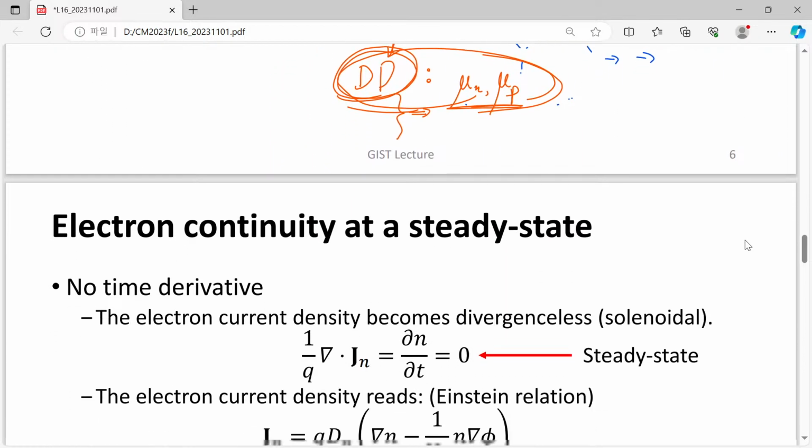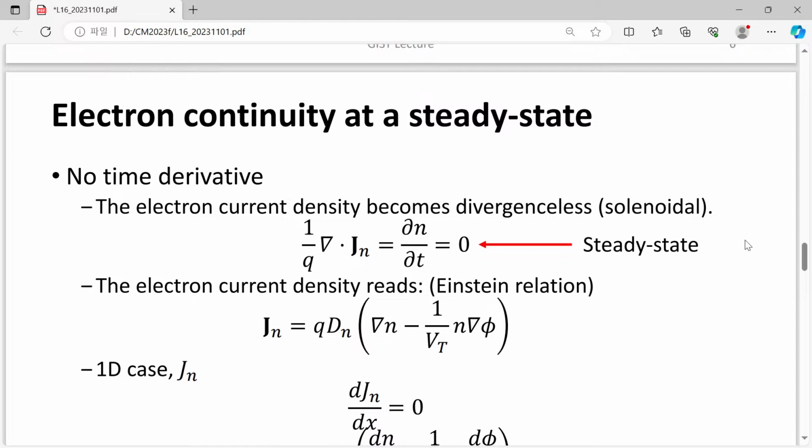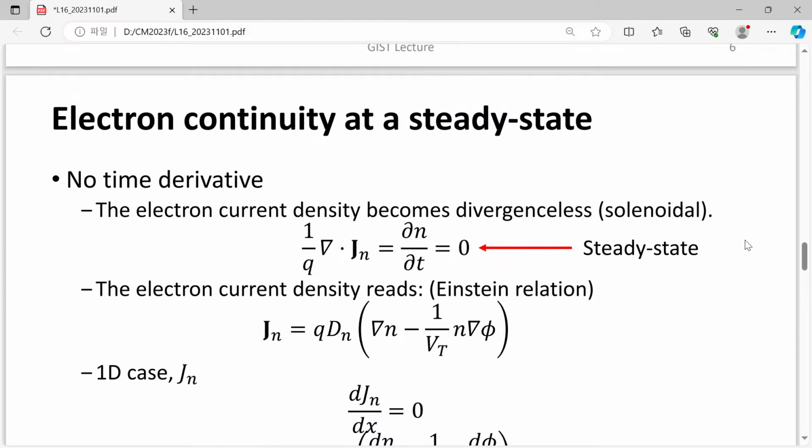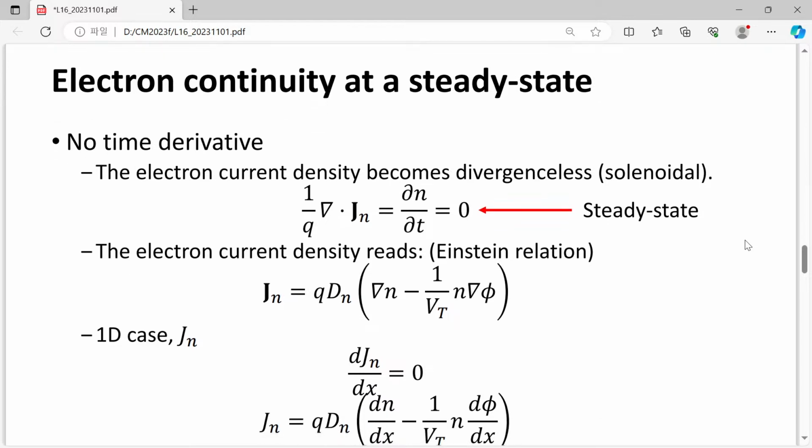If you are interested in the derivation of this continuity equation and current density, then please come to me, and I can suggest more references for your own interest.